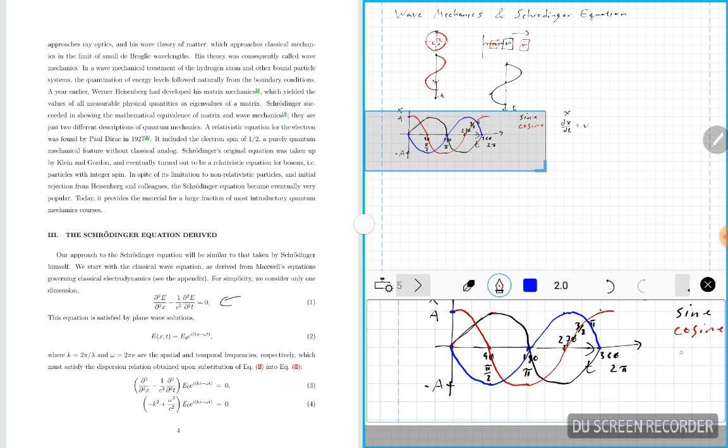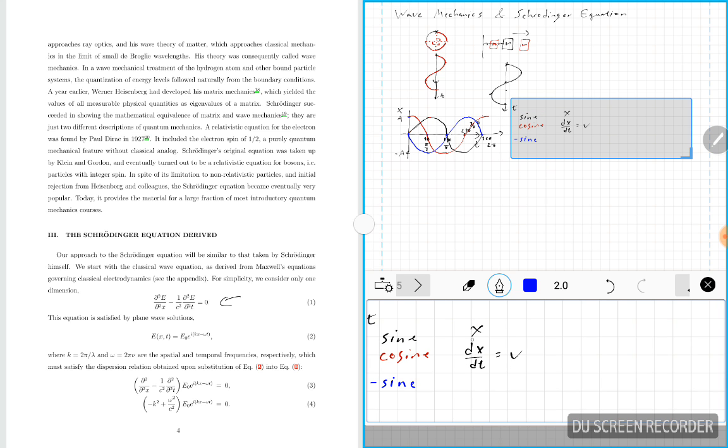So it's a sine wave, but it is exactly opposite of my first sine wave. So that one was the slope of my velocity. So that one is my acceleration.